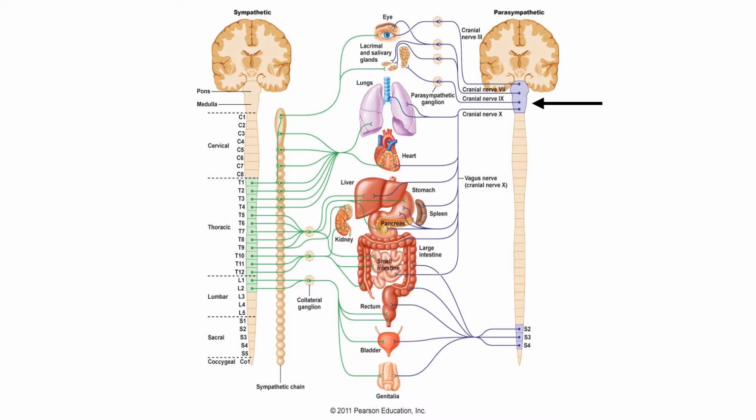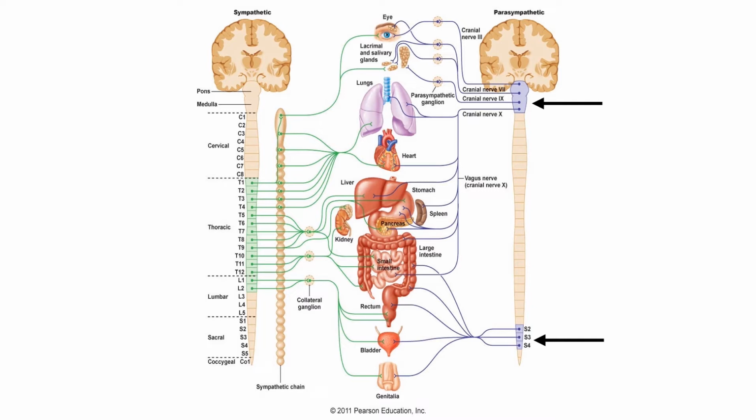Is this the only outflow of the parasympathetic system? The answer is no. There is the sacral outflow, where the sacral segments of the spinal cord have the preganglionic neurons, and they send their axons through spinal nerves to the ganglia near the target organs.